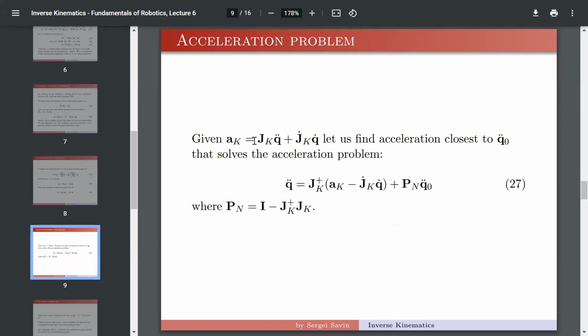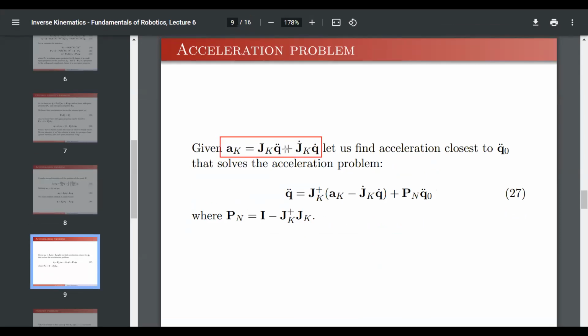So that was simple, right? Now, given this expression, we can again find acceleration closest to q double dot 0, that solves the acceleration problem. And the result would be this.